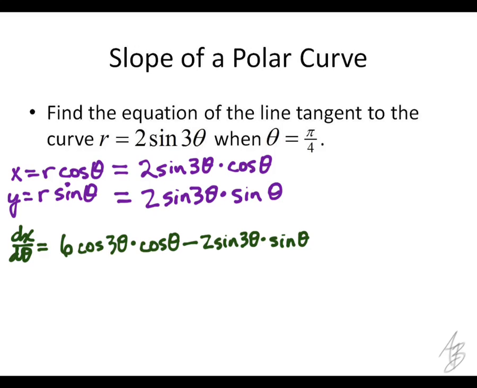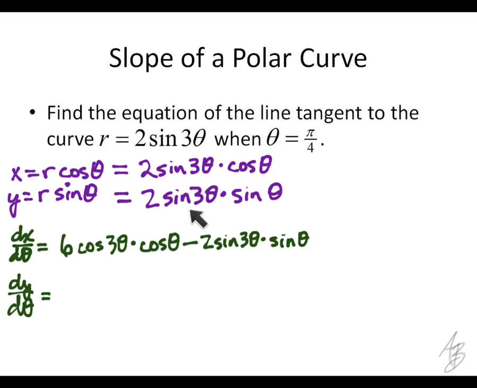We could maybe simplify that slightly by factoring out the 2, but otherwise there's not really much simplification we can do there. So let's go ahead and move on to the dy d theta. Again, we're going to have to use the product rule here.